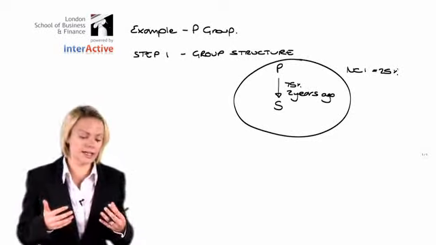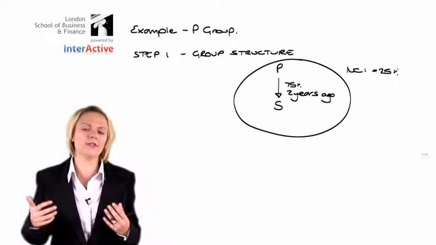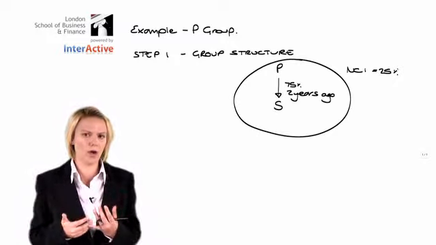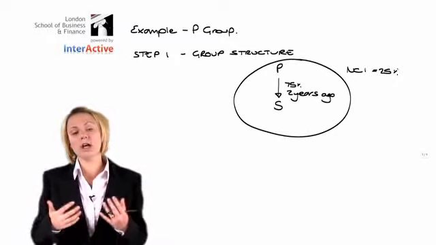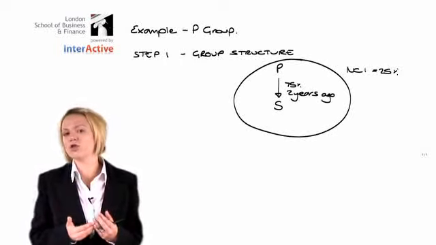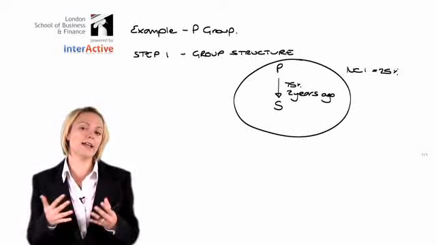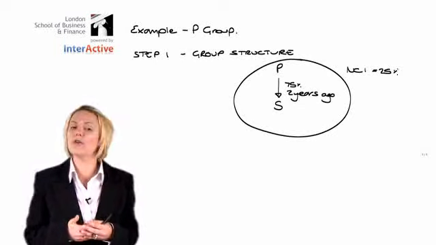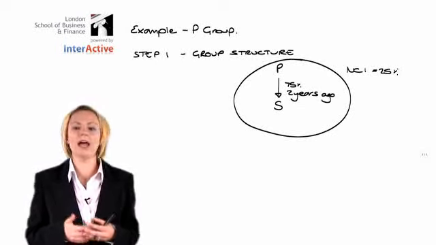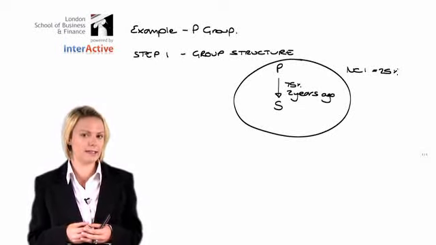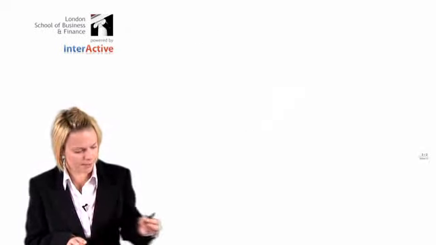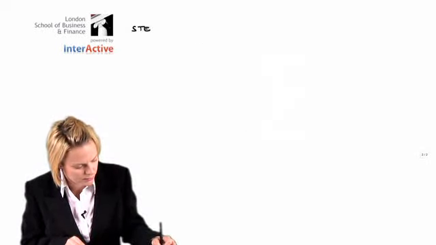The next thing we do then is, because we know that we're going to have to consolidate, because we have control, we can set up the consolidated statement of financial position and consolidate the assets and liabilities of the parent, Company P, and the subsidiary, Company S. So, step 2.